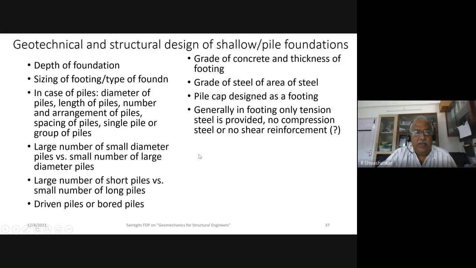Okay, now I said that for bored piles, the bearing capacity is drastically reduced.